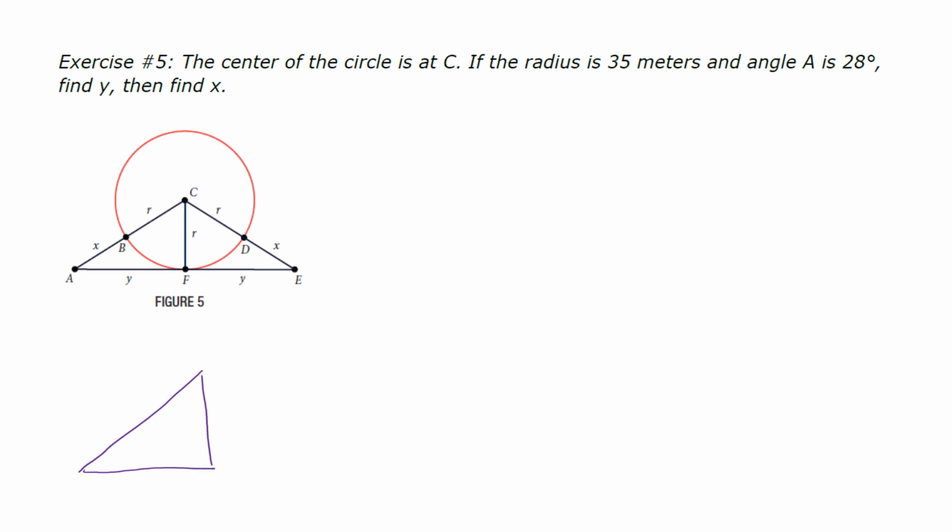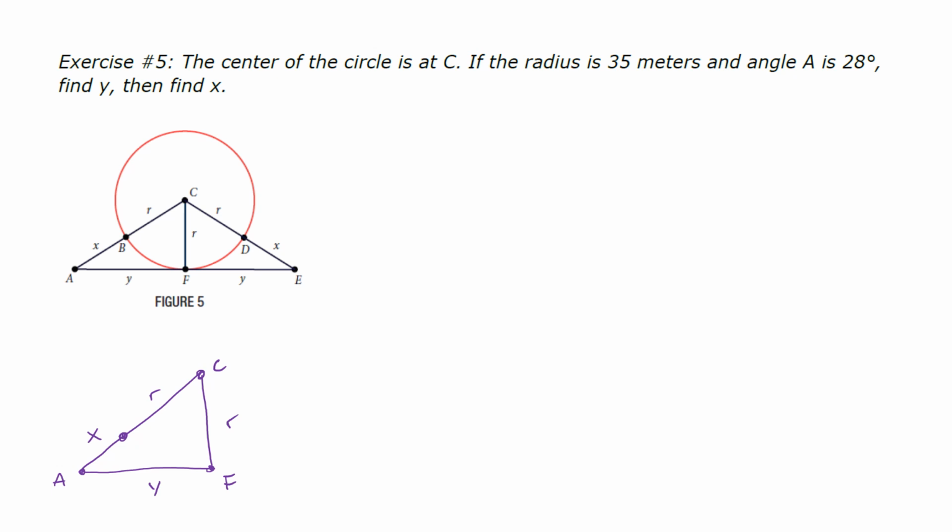Okay, so I have A here, and then I'm just going to make my vertices. So this is X, R, R, and Y. And this is F and C. Okay, now let's label this.